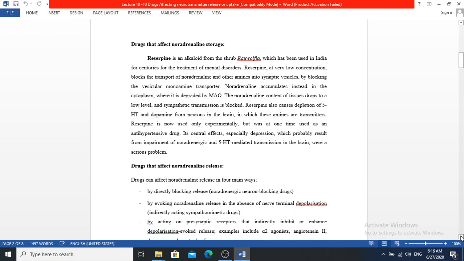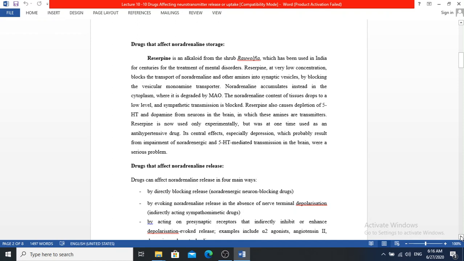Reserpine also causes depletion of 5-hydroxytryptamine and dopamine from neurons in the brain, in which these amines are transmitters. Reserpine is now used only experimentally, but was at one time used as an antihypertensive drug.